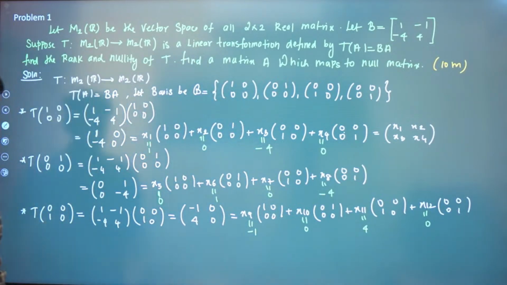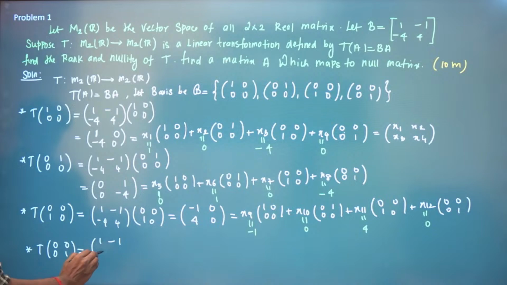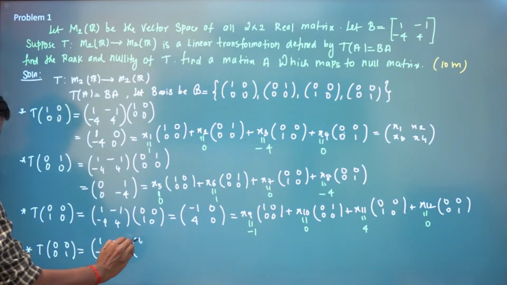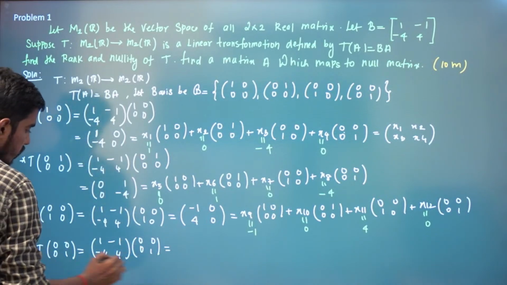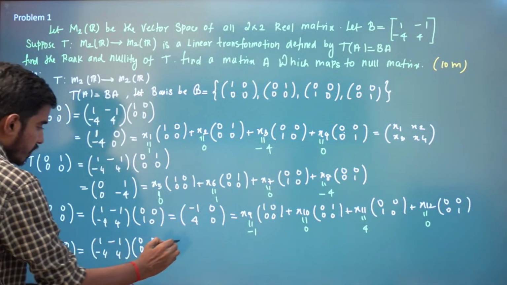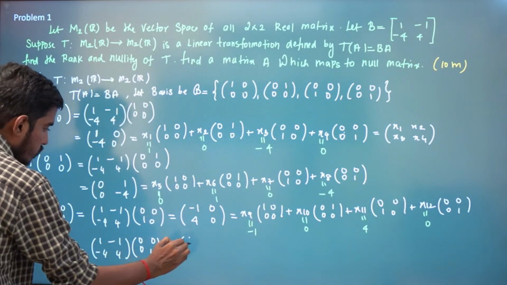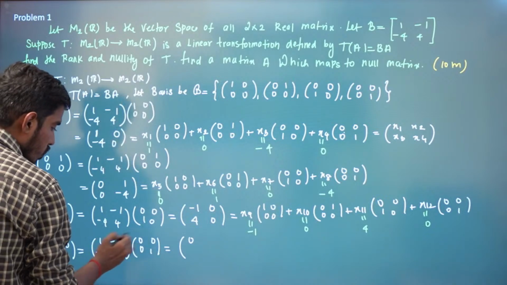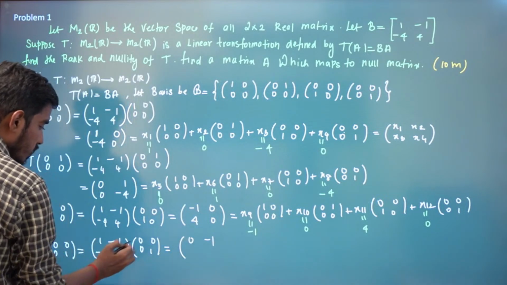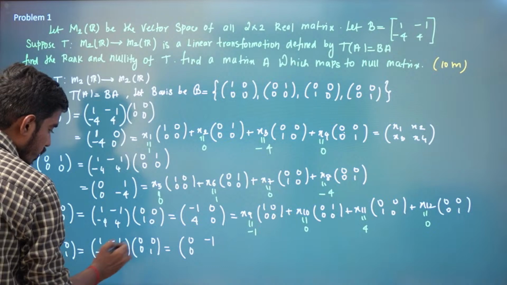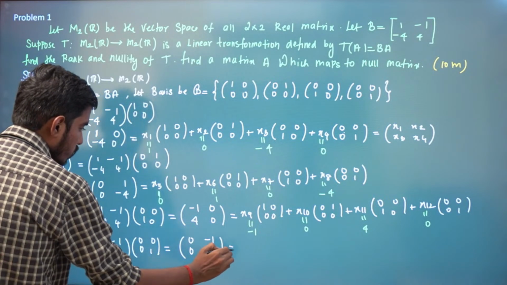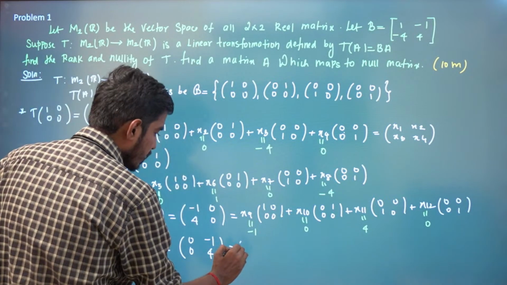Now the last one, which is 0 0 0 1, which is equal to 1 minus 1 minus 4 plus 4 times 0 0 0 1. So t of a is equal to p times a. So this will be 0, 1 into 0, 1 into 0 minus 1 into minus 1, minus 4, this will be 0 0, minus 4 0, this will be plus 4. Now again you have to express this as a linear combination of basis vectors.